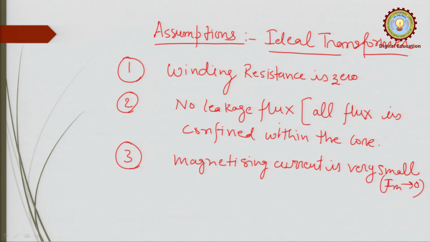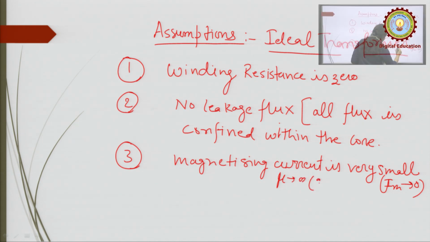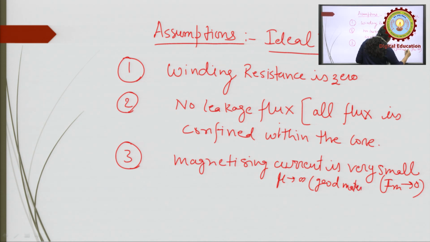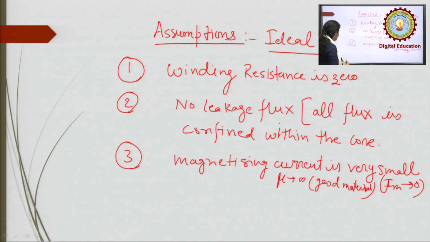If you take mu as very high, I mean a very good material, then I have taken a very small magnetizing current.